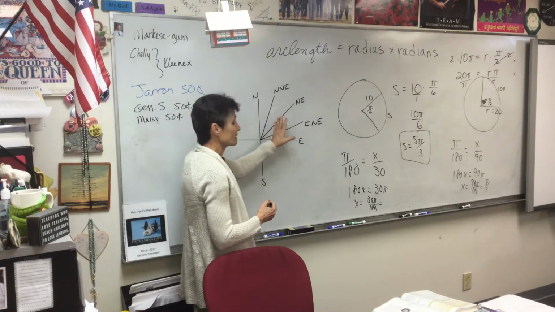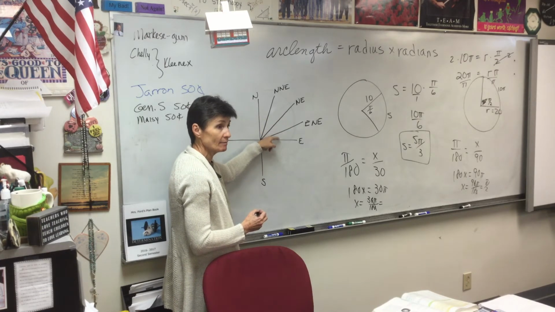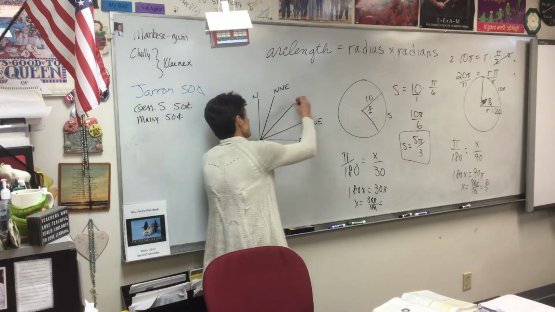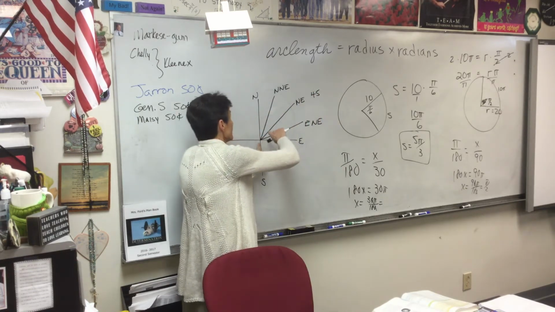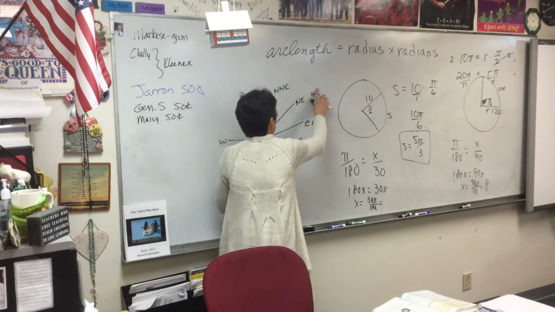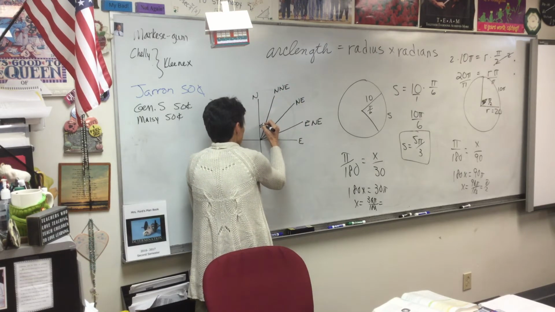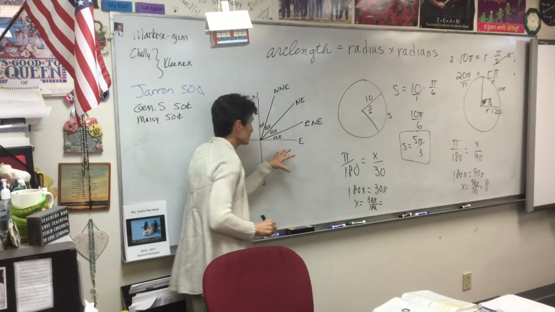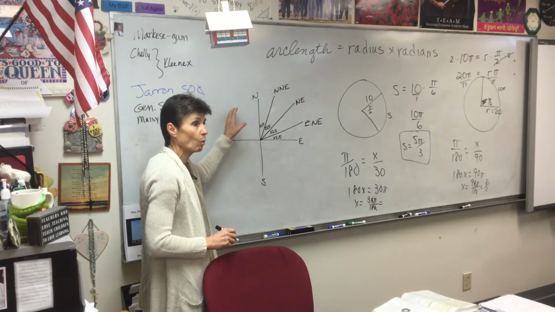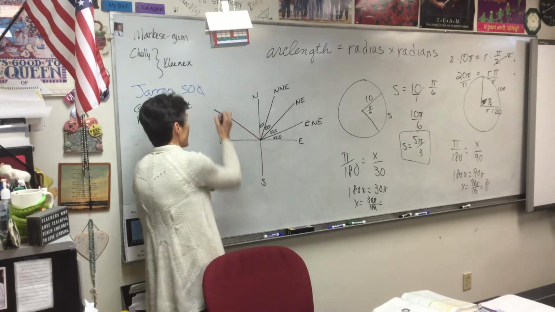Now, I'm only looking at this quadrant. Remember, the whole shebang was 90, right? So this whole angle was 45, and these are going to be 22 and a half. Would you agree with me? Yes. And you're going to be able to do that in every single quadrant. So let me just randomly do another one. This line would be what?